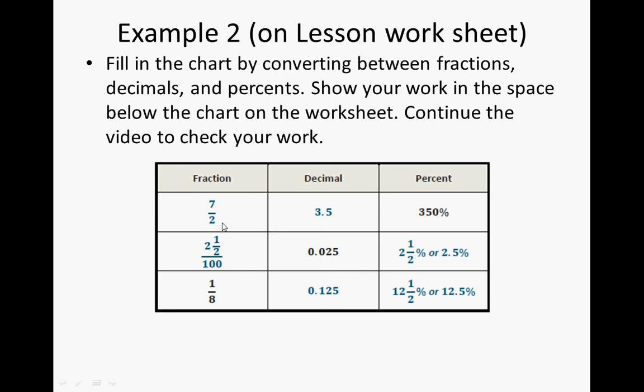7/2 would be the same as 3 5/10, and that as a percent would be 350%. Or working backwards, I would write this over 100 and then simplify it to 3.5 over 1, which is the same as 7 over 2.